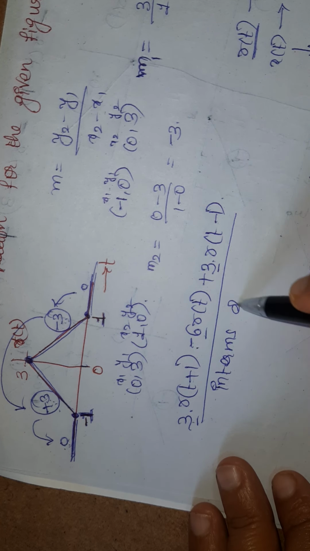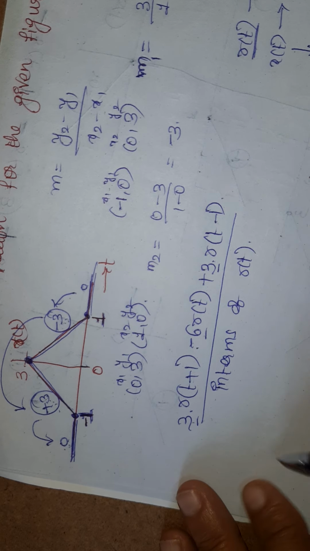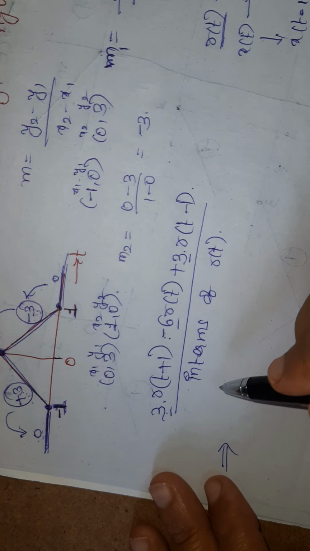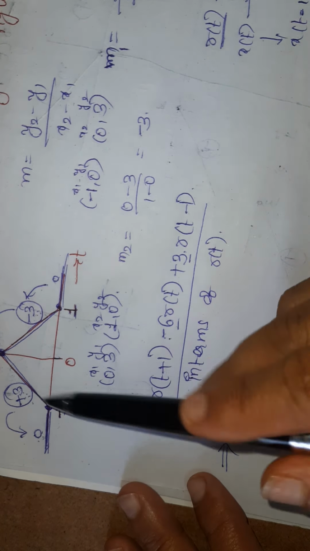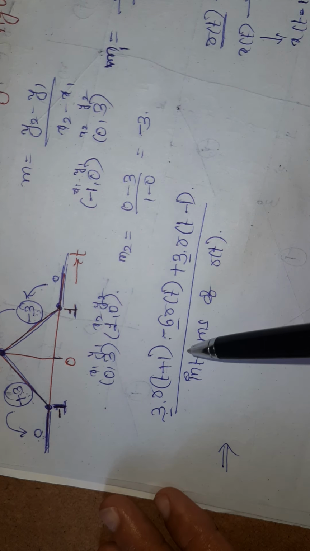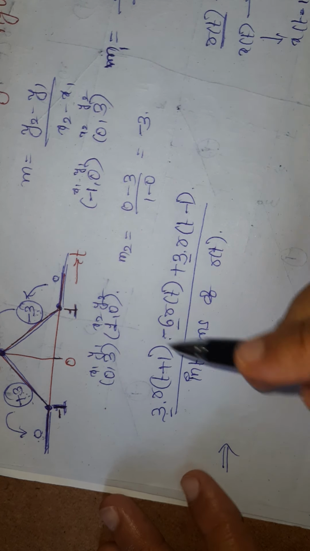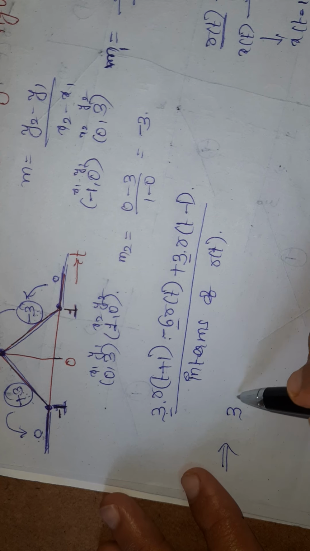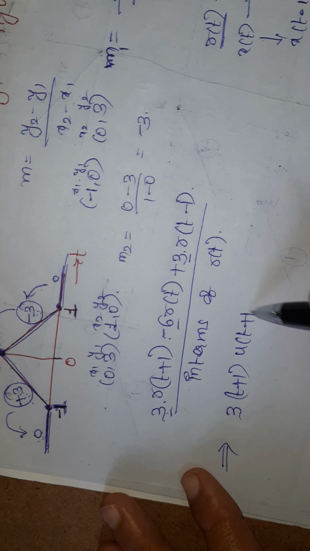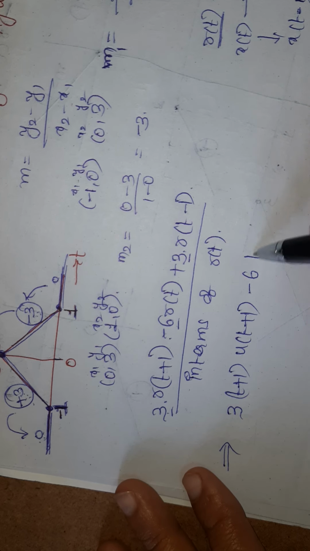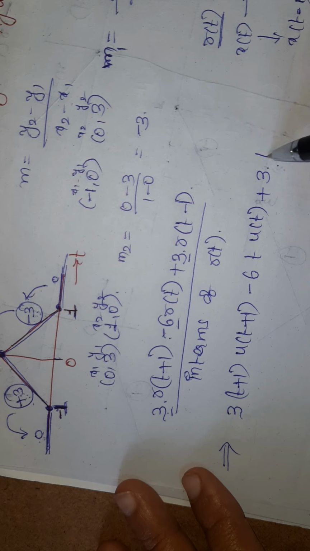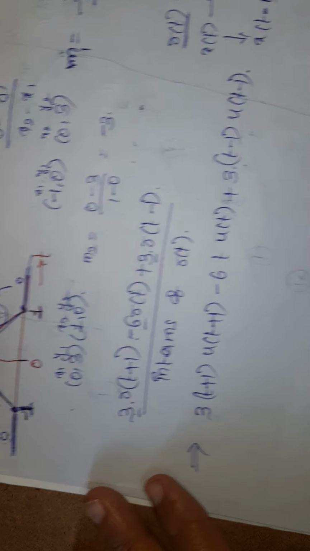And we may ask the question like this: you have to express the given figure in terms of u of t. The same expression can be written as 3 into t plus 1 into u of t plus 1, minus 6 t into u of t, plus 3 into t minus 1 into u of t minus 1.